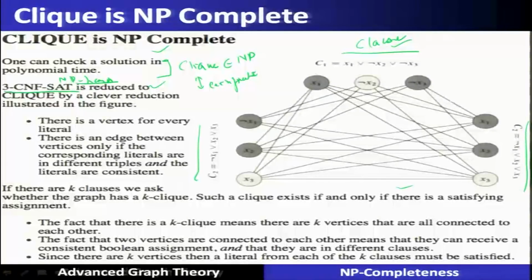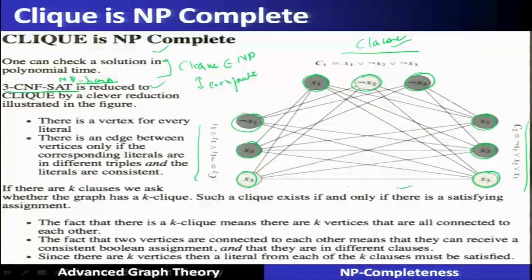So, each literal is represented as a node of the graph, and now we will place the edges. We will not place an edge between x1 and not of x1. We will place edges between other pairs like x1 and x2, x1 and x3, where there is no conflict.